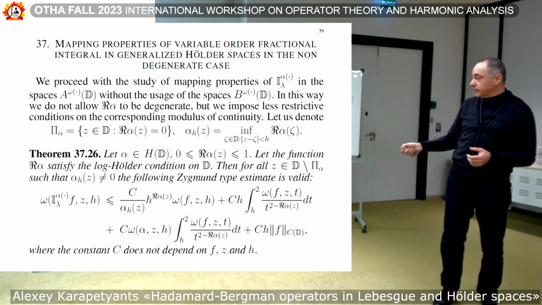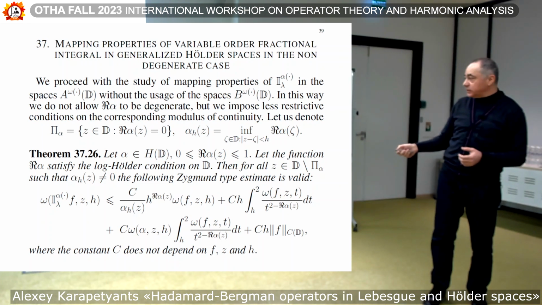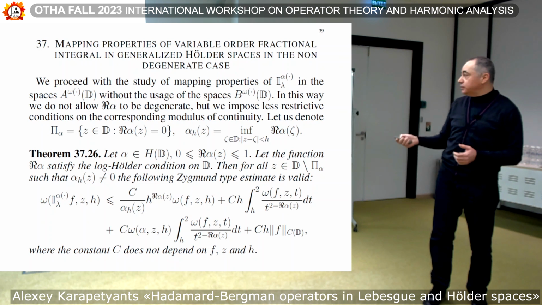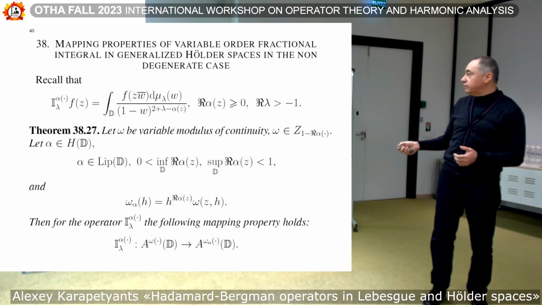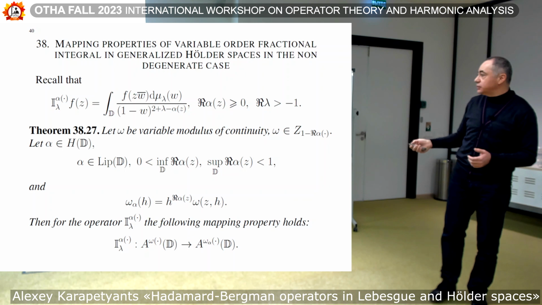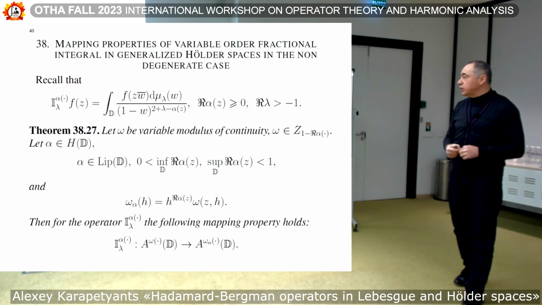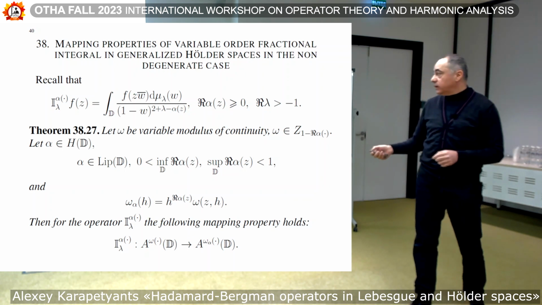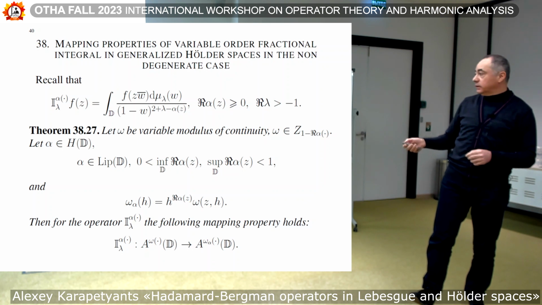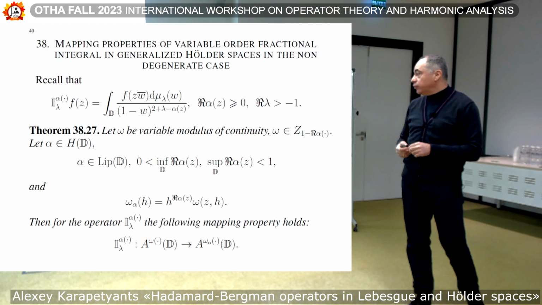This does not permit us to allow the real part of alpha to be 0, but instead we have just one very mild condition, the Zygmund condition for the modulus of continuity. And of course, I already mentioned that we are away from 0 and 1.